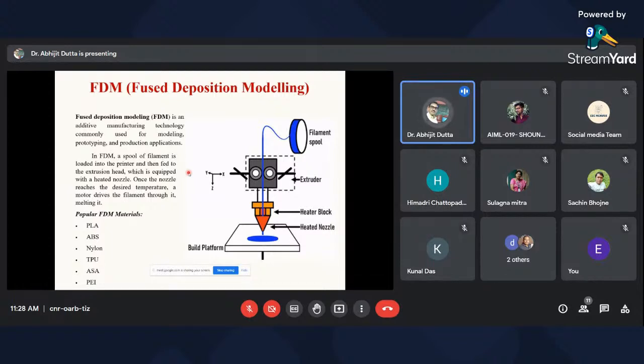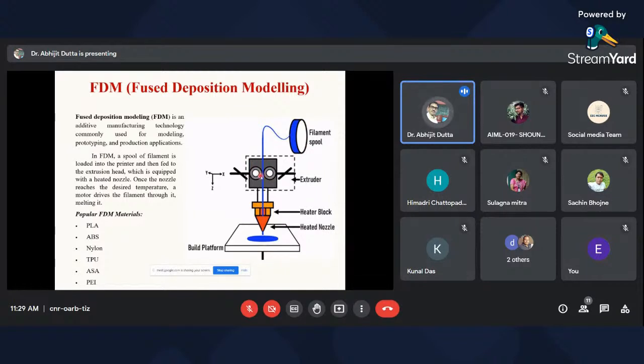Here the material you can see is on a rotor, which is called the filament spool. Filament means this is a thermoplastic material. They are given names like PLA, ABS, nylon, TPU, ASA, PEI. These are the most commonly used FDM materials, and these are all thermoplastics.